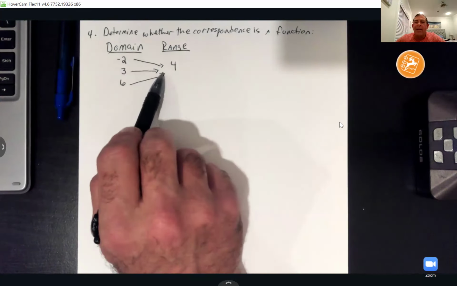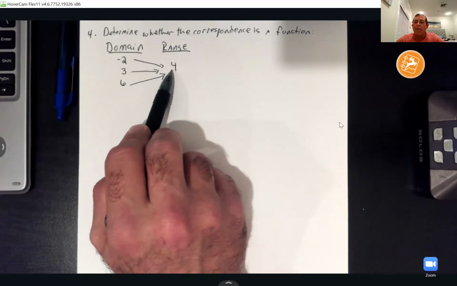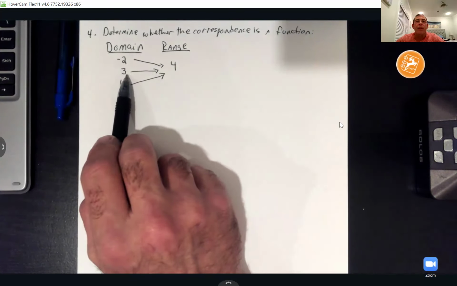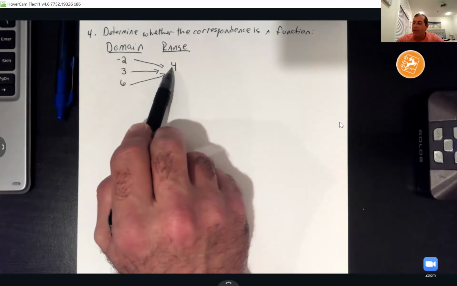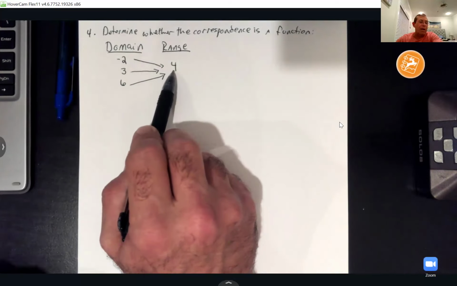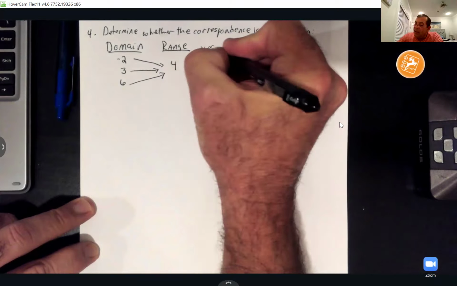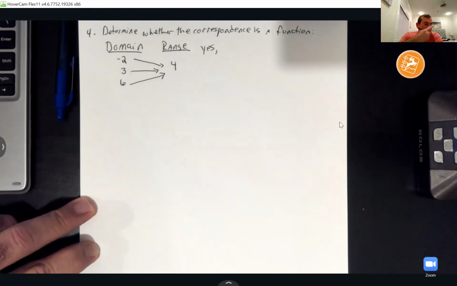Remember, the x's cannot have a choice. Well, this -2 only goes to one y value. This 3 only goes to one y value. The 6 only goes to one y value. So y'all, this is, yes, definitely a function.